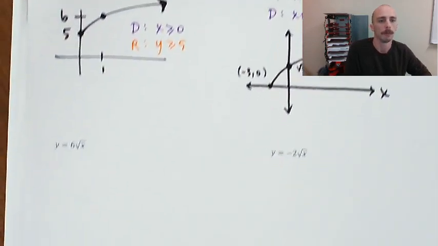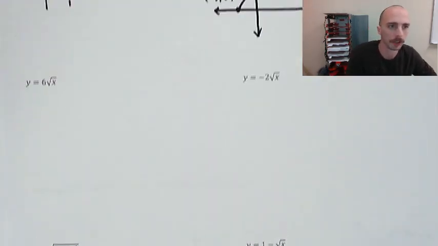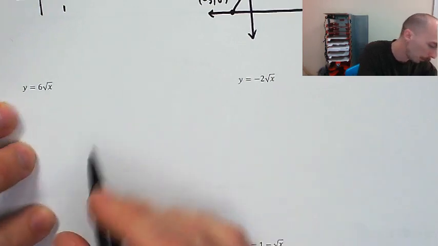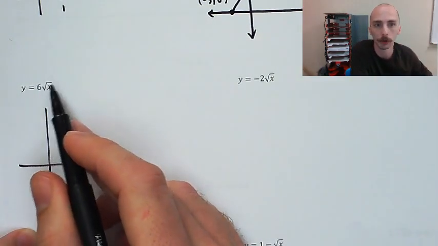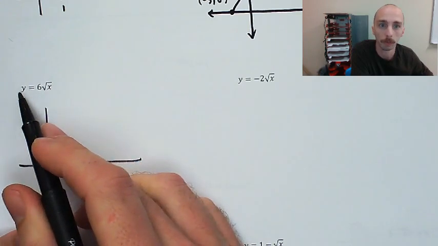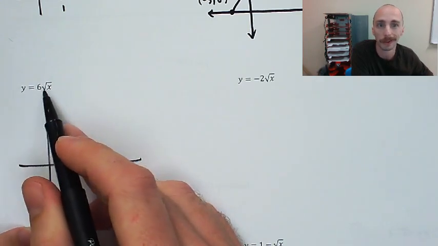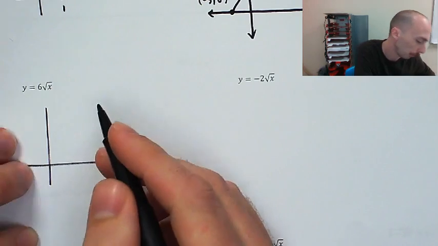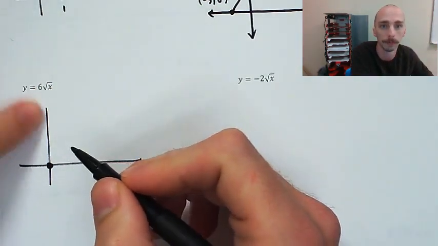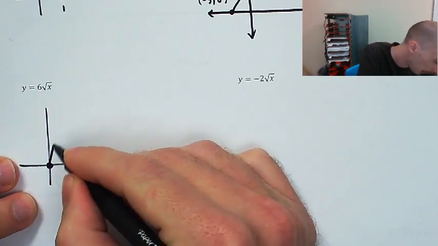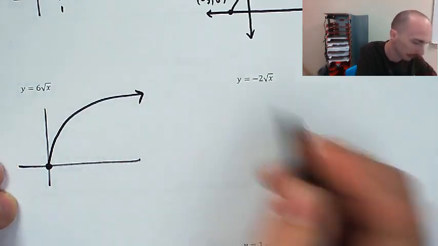Now, these next two are just kind of multiplied versions of y equals square root x. If it's 6 times as large, the quantity that y represents is 6 times as large as the quantity that square root x represents, so it's going to look the same. It's just going to go up higher on the scale. So it's going to be like that or something.